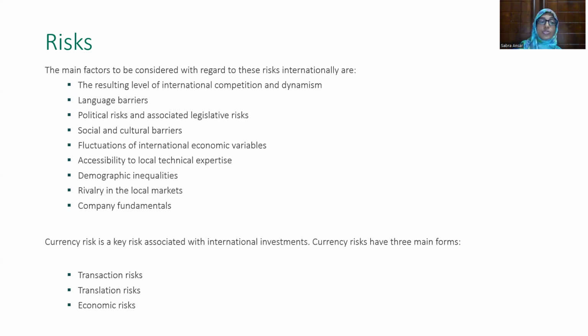Now we are going to talk about the main factors to be considered when these risks arise internationally. The level of international competition and dynamism will be considered. Language barriers will be considered. Political risk and associated legislation will be considered.